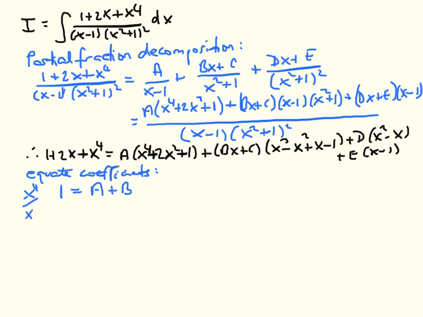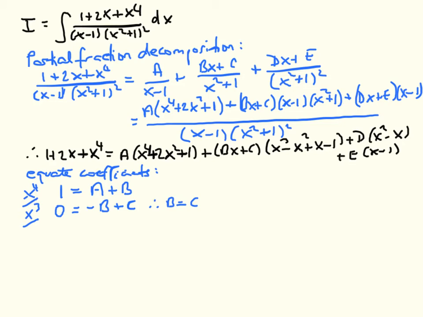For x cubed, on the left hand side we have 0, and on the right hand side there are no terms with x cubed from a. With b there is an x times a minus x squared, so we have minus b. We have plus c from here, c times x cubed, and there are no terms here or here. So this equation is already quite nice. It tells us therefore that b equals c.